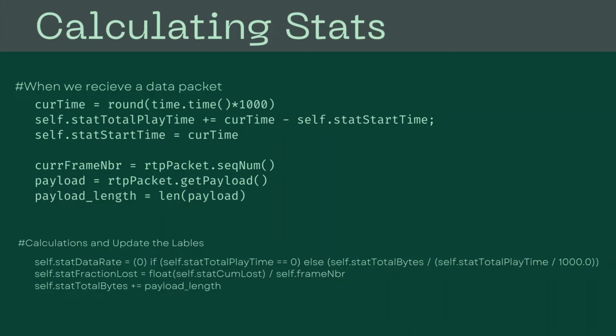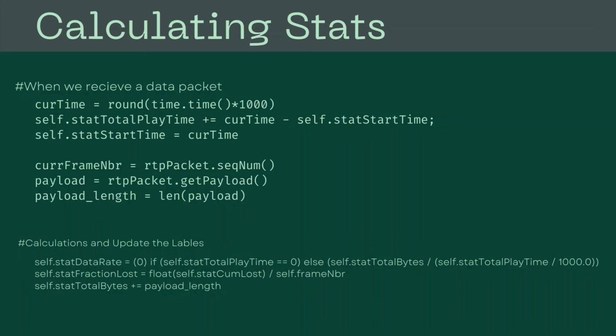The first code block shown is of the listen RTP request, which is running as a thread of the play button. Upon receiving a data packet, we calculate its arrival time by the same methods used in the previous slide. We calculate the current time, and then we subtract the starting time from the current time, which is then added to the total play time.